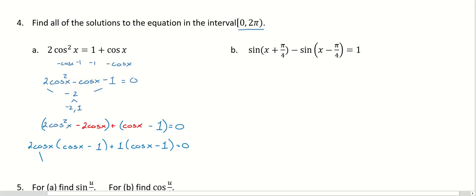The first factor comes from this piece and this piece. So we get 2 cos x plus 1 is one factor, and the other factor comes from these pieces that match. So we get cosine x minus 1.